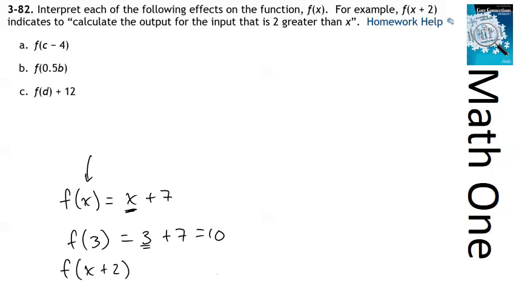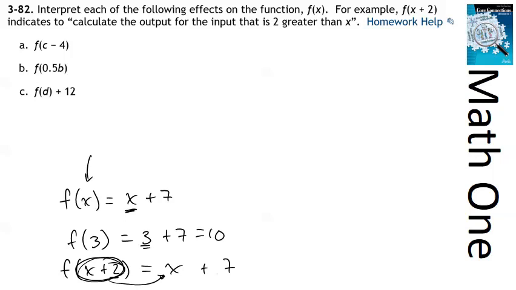Basically I'm saying, instead of taking the input you had intended to put in, whether it's 3 or whatever, just increase your input by 2 units and then take that result and put that into your function. So instead of just putting in the value of x, we're going to increase that by 2, and then that's what's going to get fed into the function.